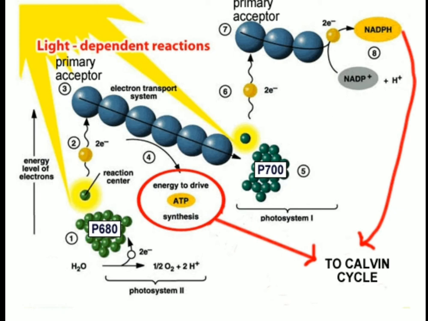These electrons are then moved downhill because they keep on losing energy. This time to the molecule of energy rich NADP. In addition, these electrons reduce NADP to NADPH plus H positive.